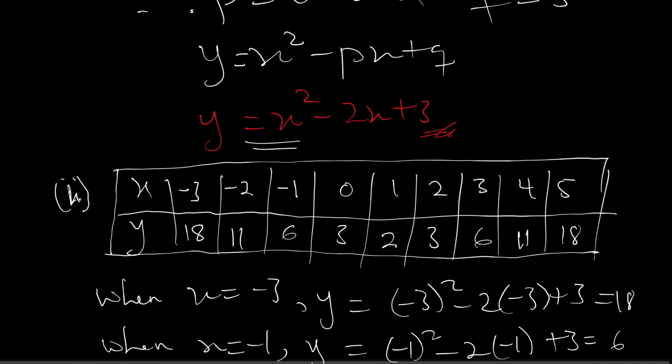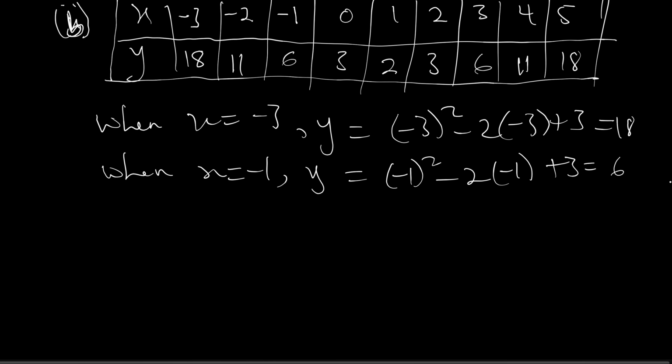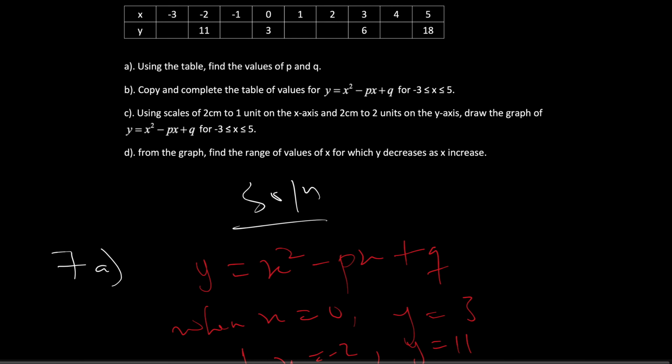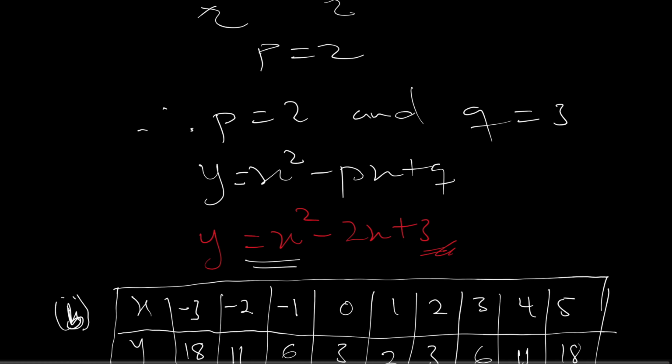So this is B. So C. It says, using the scale of 2 centimeters to 1 unit on the x-axis and 2 centimeters to 2 units on the y-axis, draw the graph of y is equal to x squared minus px plus q. So let's draw our axis. This is our y. Since we don't have negative values of y, we can ignore the negative y part.